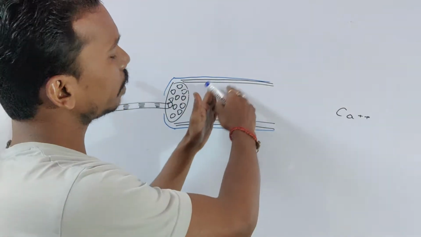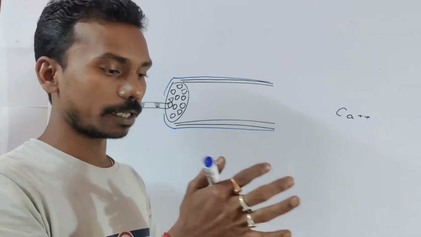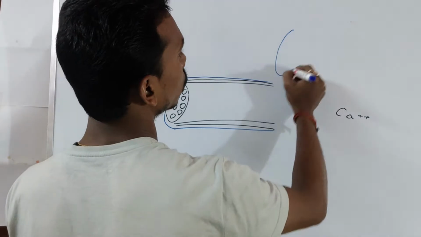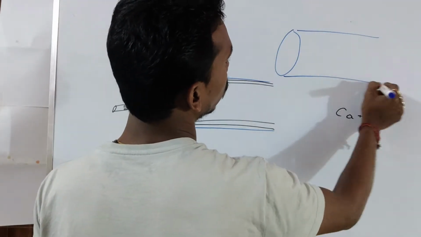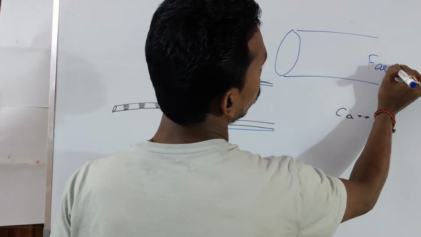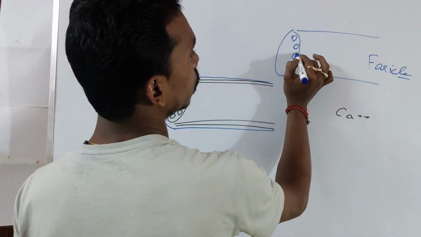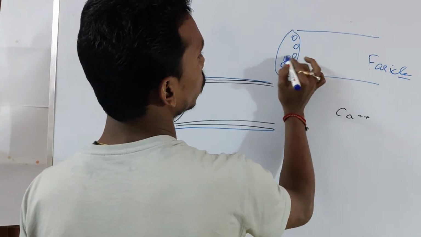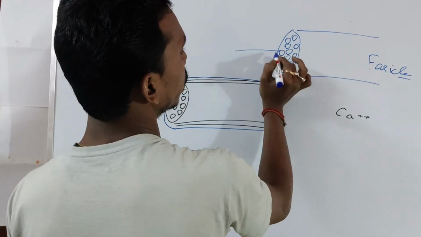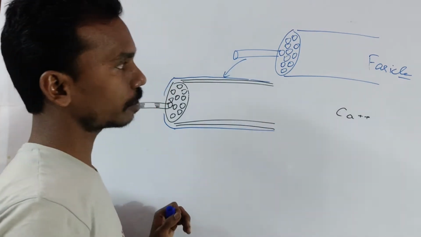Again, these muscle fibers are going to make a bundle to prepare a fascicle. This is called a fascicle. These fascicles have a bundle of muscle fibers, individual cells, just elongated, and you will see this structure.